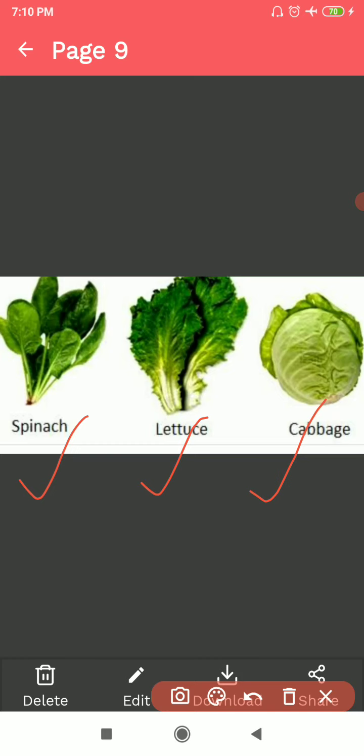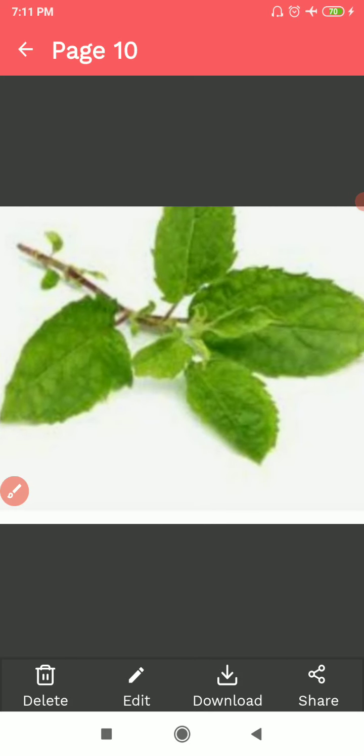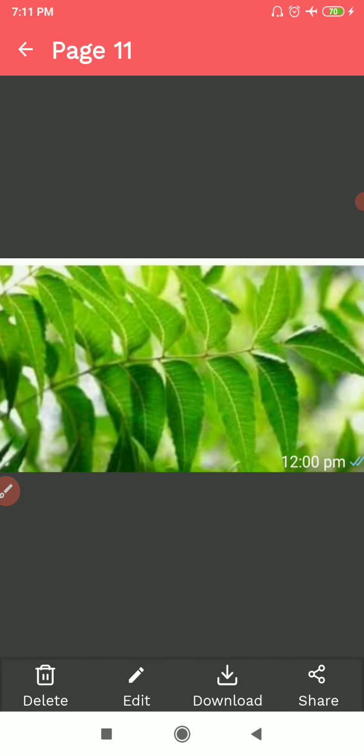They are actually the leaves of the plant. Some leaves are used for medicinal purposes, like tulsi and neem. These two leaves are used as they have medicinal properties.